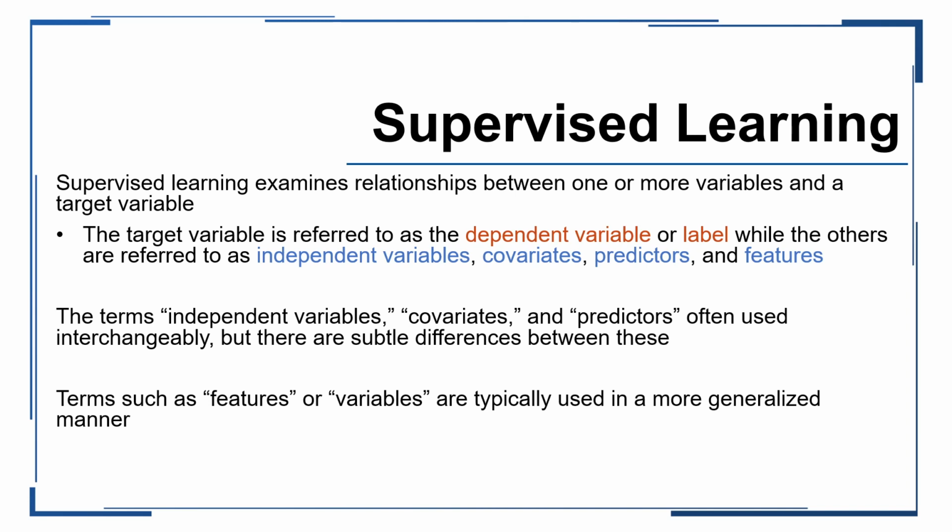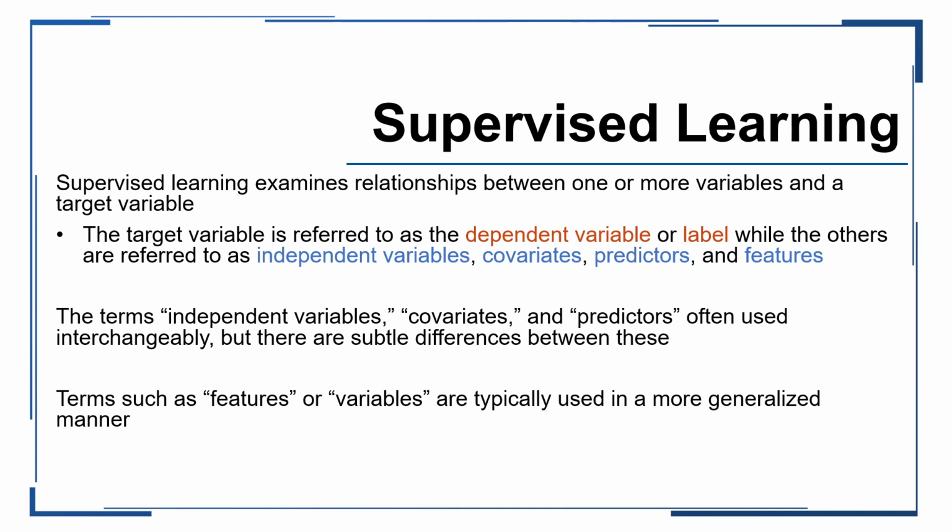In most contexts, this target variable is referred to as the dependent variable or the label, while the others are referred to as independent variables, covariates, predictors, and more generally, features. In colloquial speech, these terms are often used interchangeably, despite subtle differences in some of their definitions, which will be revisited at the end of this video.